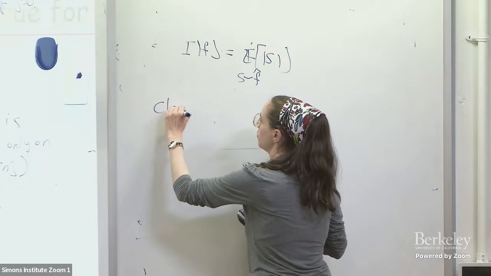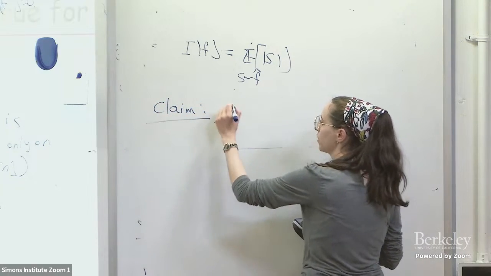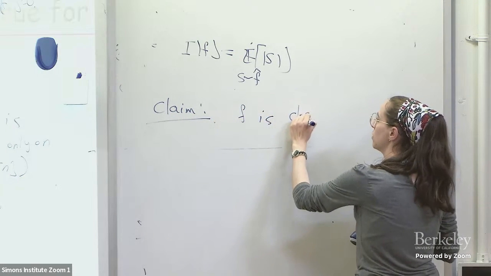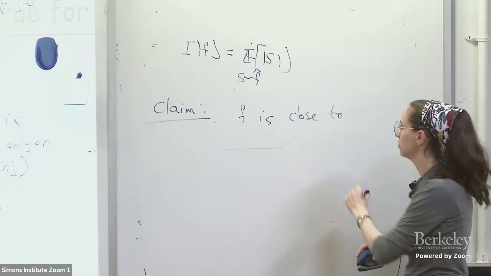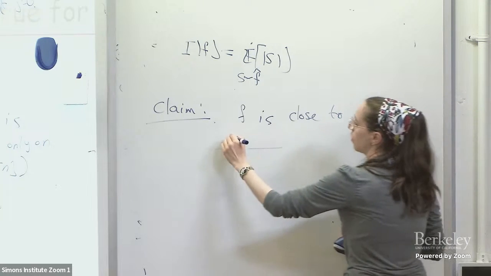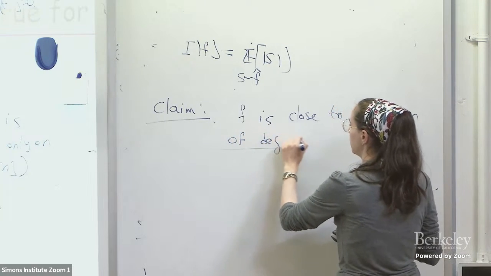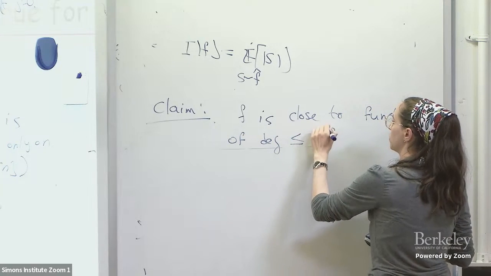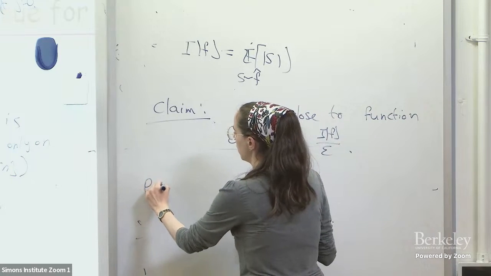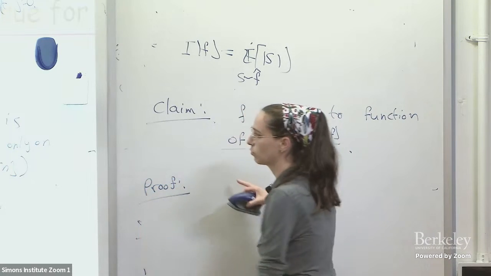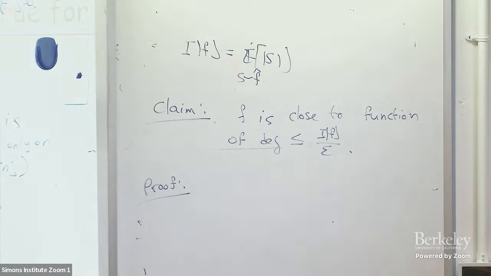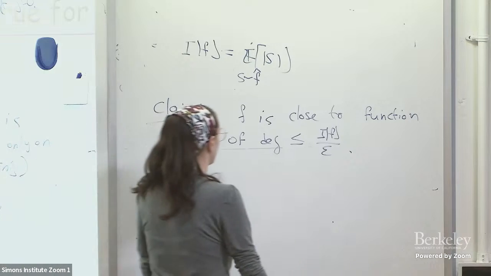So now I want to claim that every F is close to a low degree function, of degree the total influence over epsilon. We need this lemma actually, its proof, in order to show that we get from Friedgut the min entropy.